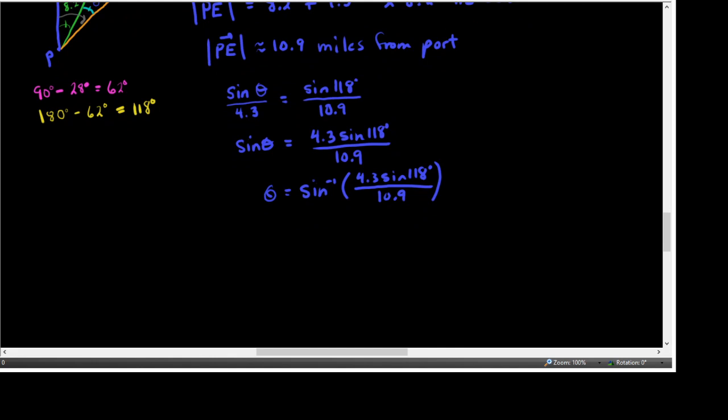And so that angle should be about 20 degrees. So the gray angle, which is the bearing, will be the green angle that we were given, 28 degrees, plus the turquoise angle that we just calculated approximately. And so the bearing is approximately 48 degrees.